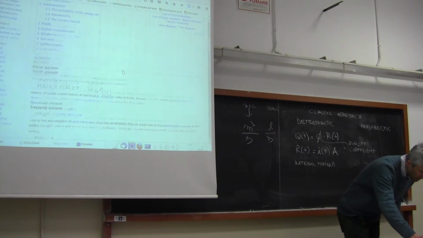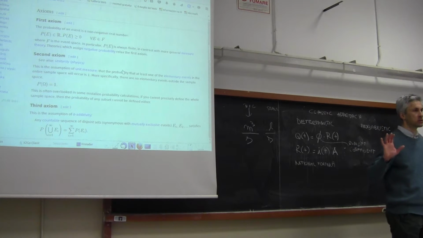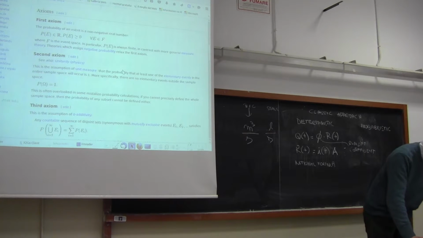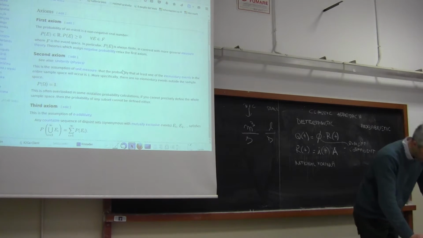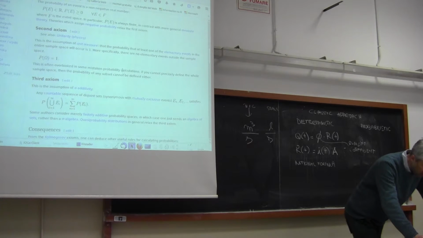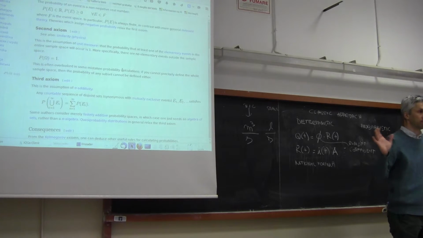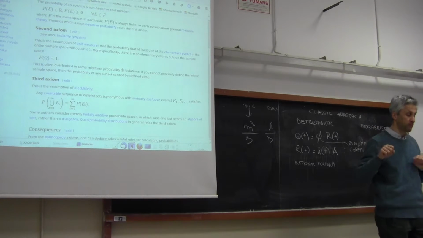The first axiom says that probability is greater or equal than 0, so it's a positive measure. I already anticipated that because I said it's comprised between 0 and 1. The second axiom says that the probability of the certain event is 1. So basically, I can simplify the two axioms by saying probability is between 0 and 1, including the extremes.